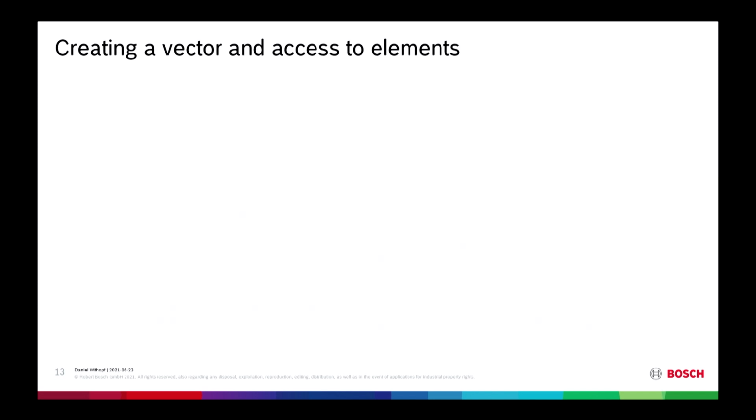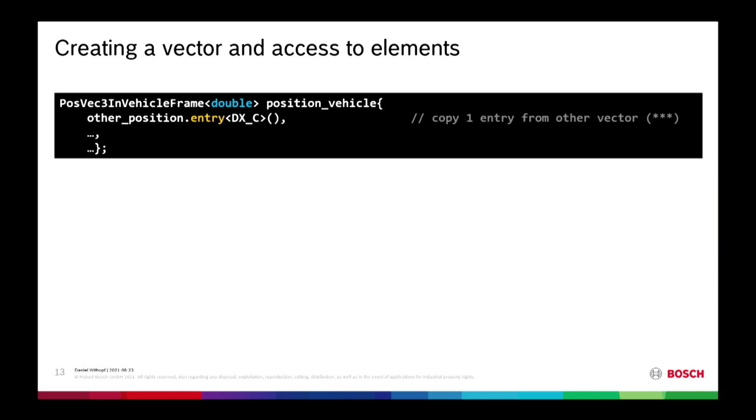Now let's see how we can create such a vector and how we can access its elements. When we create a vector, we have to list all the elements in the vector. And there are 3 different options how we can list these elements. They're listed in decreasing order of type safety. So the first and most type-safe one is to use the entry method. We specify we want to extract the dx index from other position here.